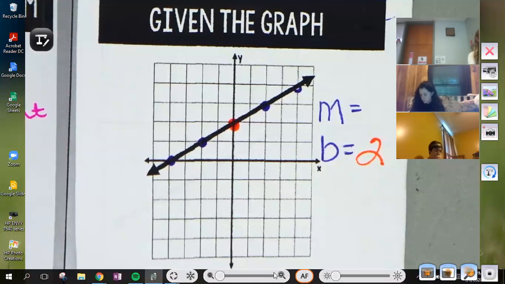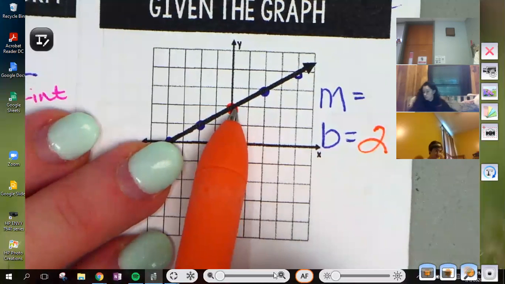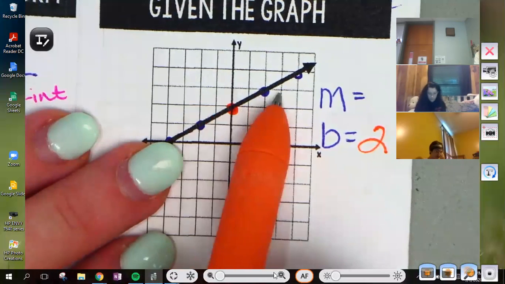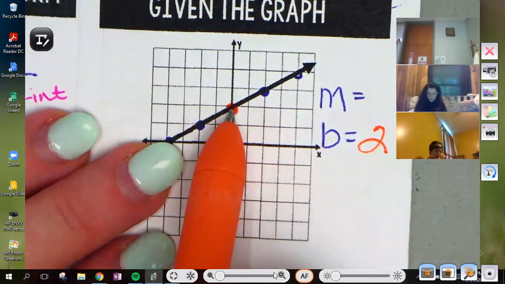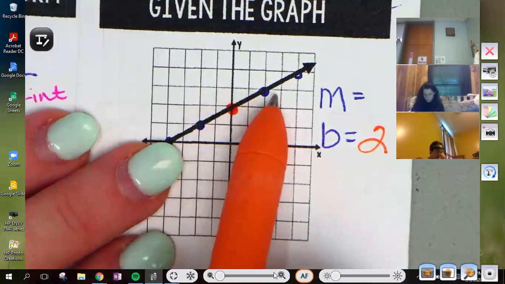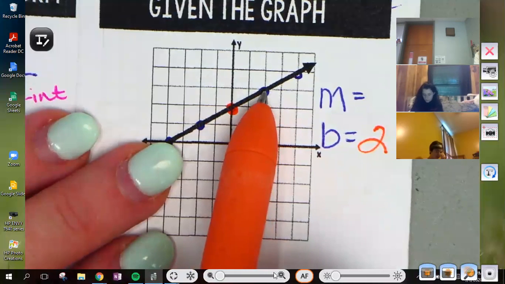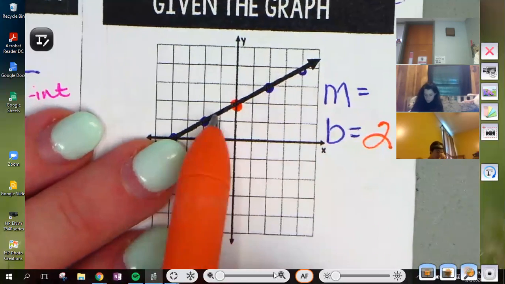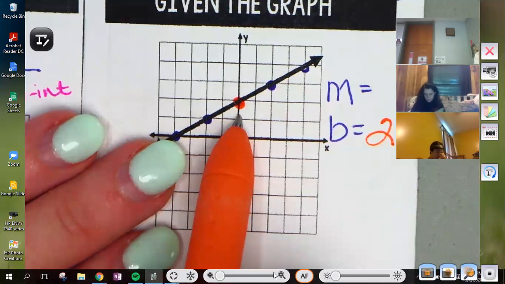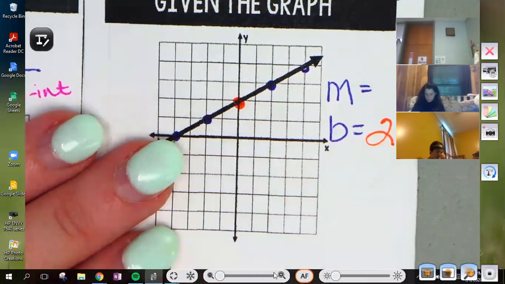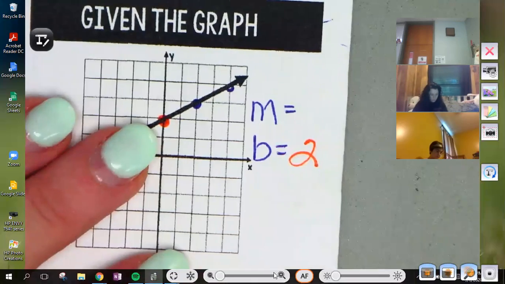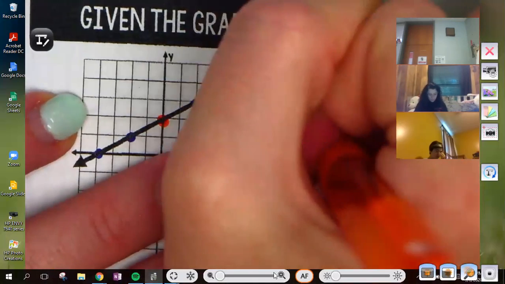Then I'm going to start at my starting point, and I'm just going to see how I got from my starting point to that next dot. Okay, so I went up 1 and over 2. If I went the opposite way, I went down 1 over 2. Okay, so what would my slope be? 1 over 2, or 1/2.